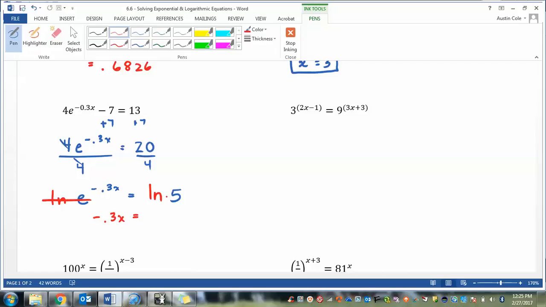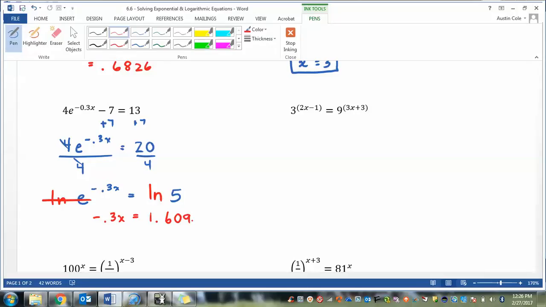So do natural log of 5, please. 1.609, that's fine.